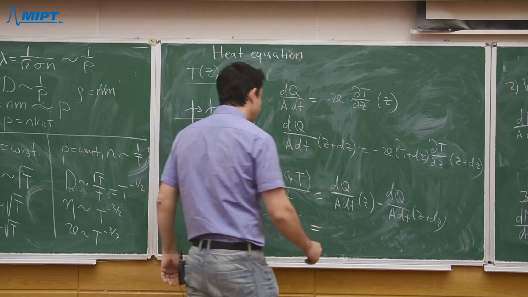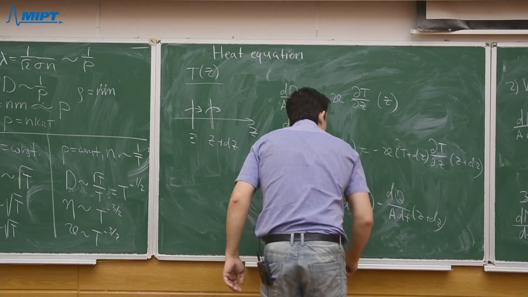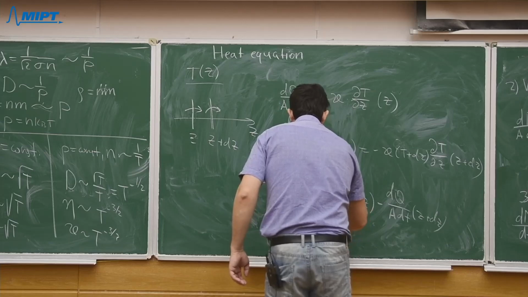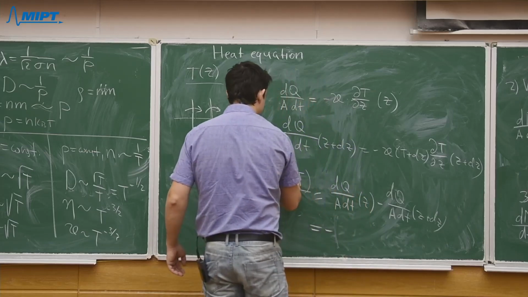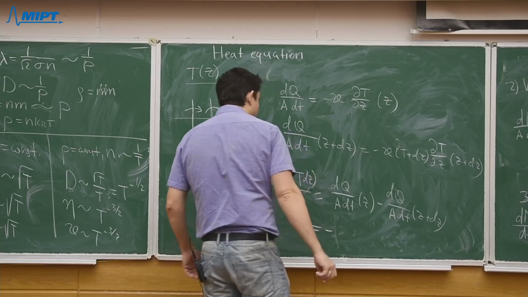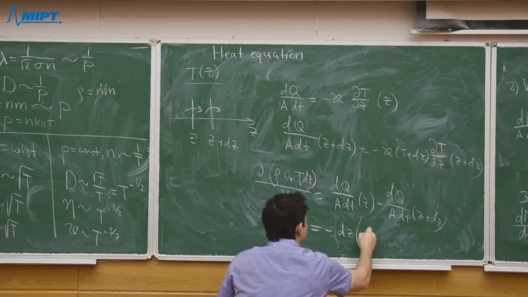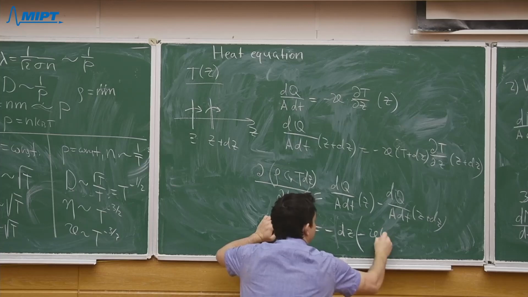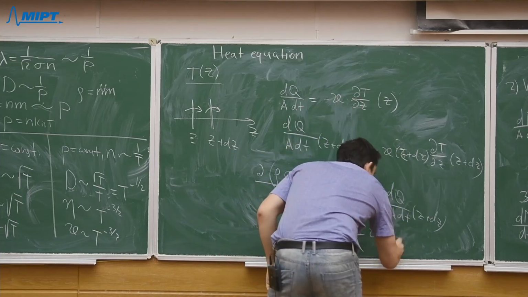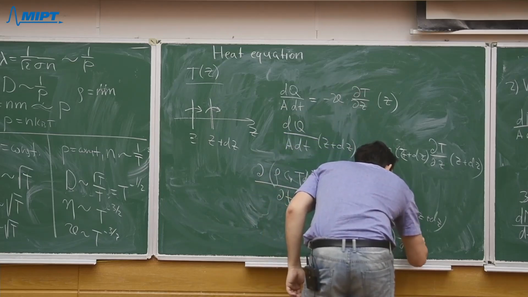So that would give me minus dz multiplied by the derivative of minus kappa of z multiplied by dT over dz.